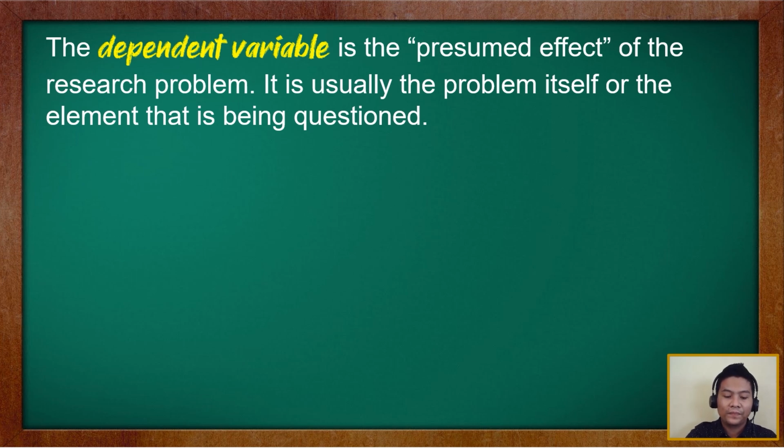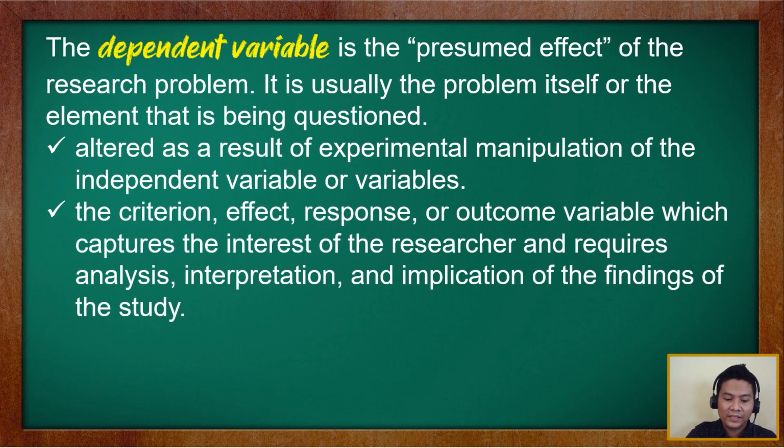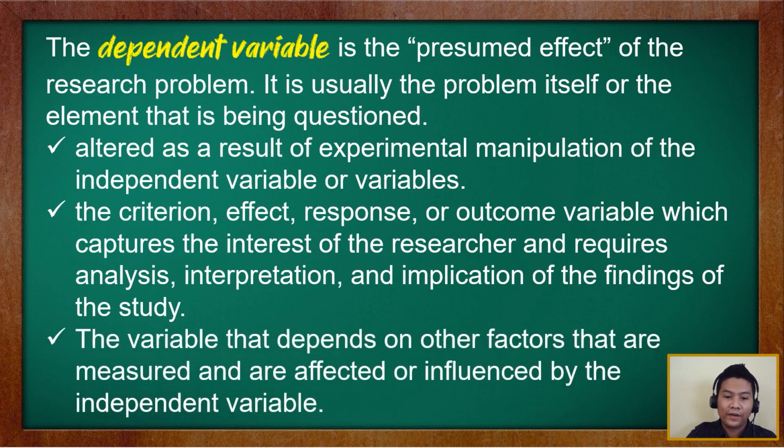It is also called the criterion effect, response, or outcome variable, which captures the interest of the researcher and requires analysis, interpretation, and implication of the findings of the study. The variable that depends on other factors that are measured and are affected or influenced by the independent variable.